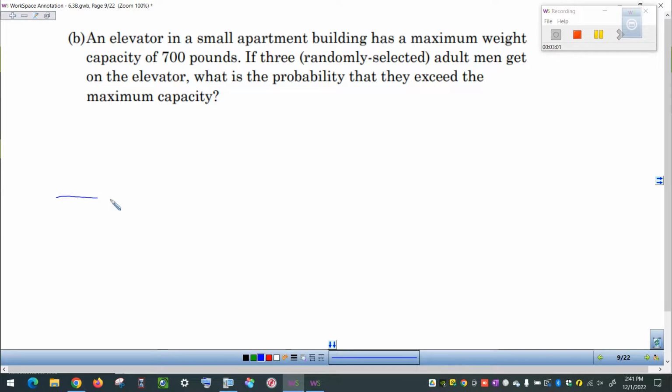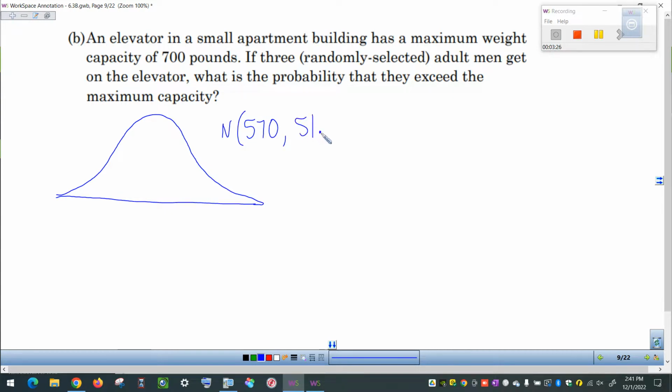So what we're going to think about now, starting off with a picture, is a normal distribution representing the combined distributions that we were thinking about in the last part of the problem, representing the sum of the 3 men's weights. So we found our new mean, our combined mean was 570.